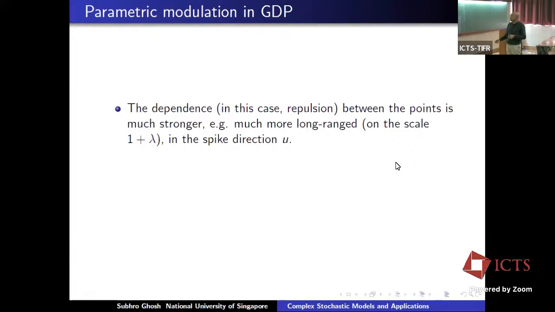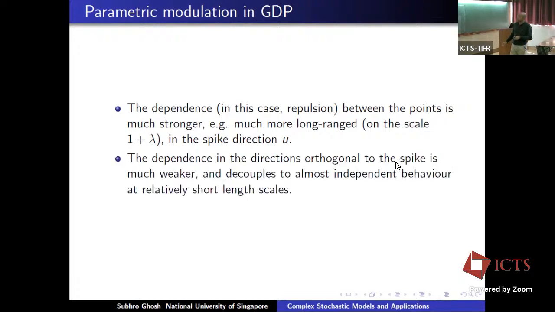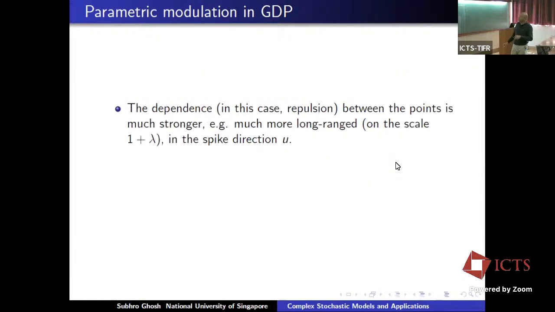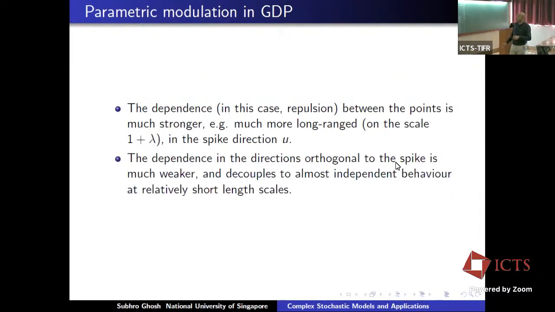If you move two points away from each other along the direction u, you will feel the repulsion between them on the scale when they are separated as far as 1 plus lambda. On the other hand, because of the adjustment in the orthogonal directions, the dependence in the directions orthogonal to the spike is much weaker and decouples to almost independent behavior at relatively short length scales.